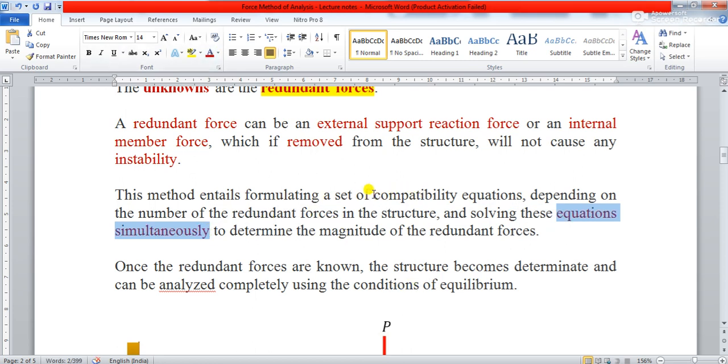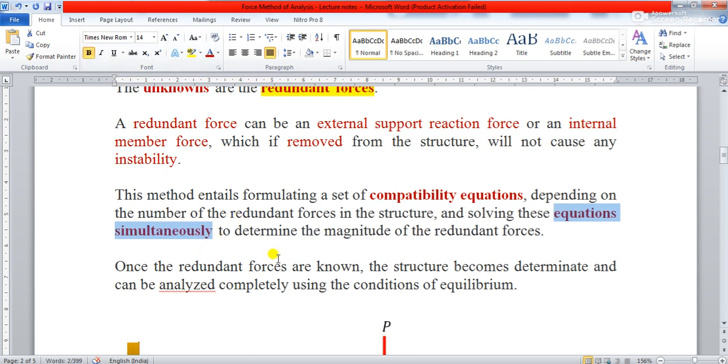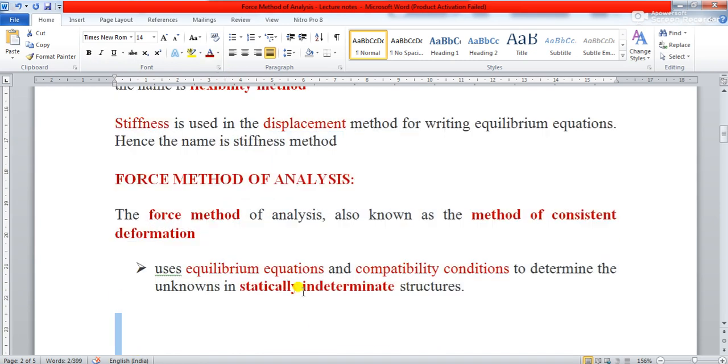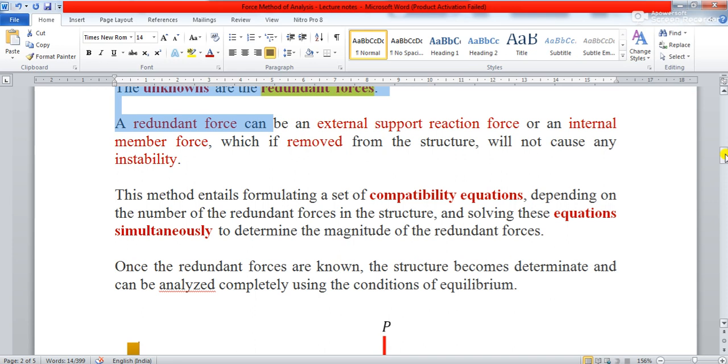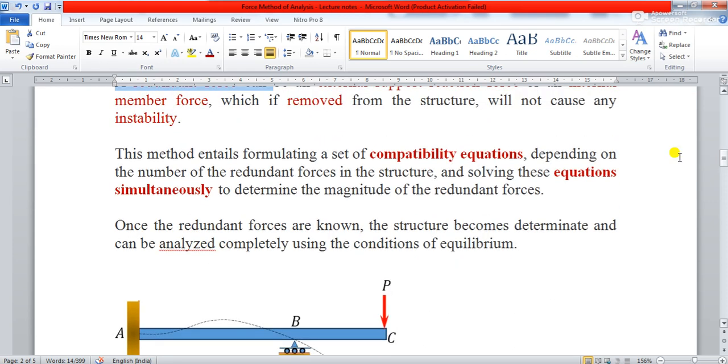So basically this compatibility equations, that is what finally you will have to do for solving the structure. So the compatibility equations require solution just like the solution of the simultaneous equation, and from that you should be able to determine the magnitude of the redundant forces.